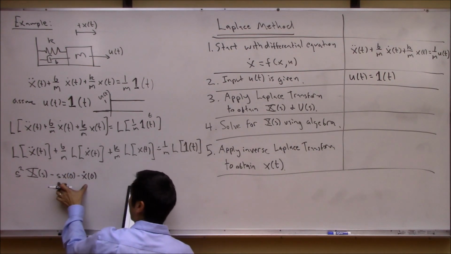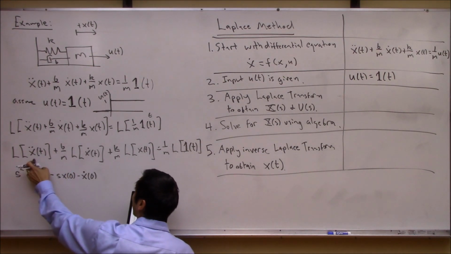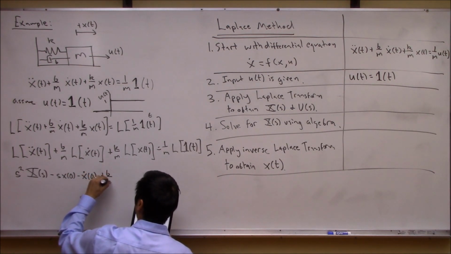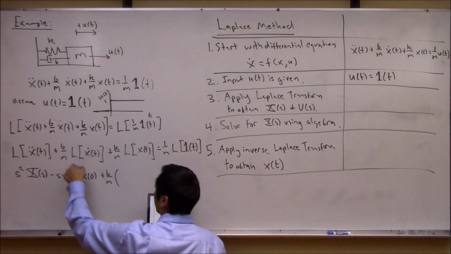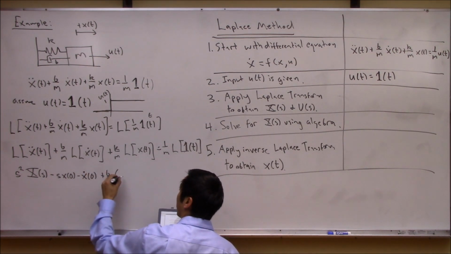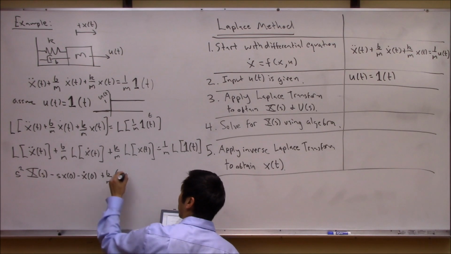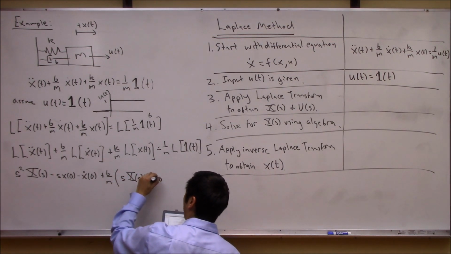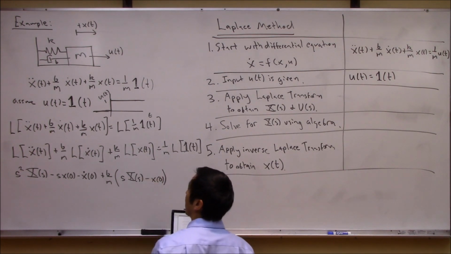Now plus b over m times the Laplace transform of a first derivative of a signal. For one derivative, I should see 1 s in the Laplace domain times X of s minus lowercase x0, the initial condition.